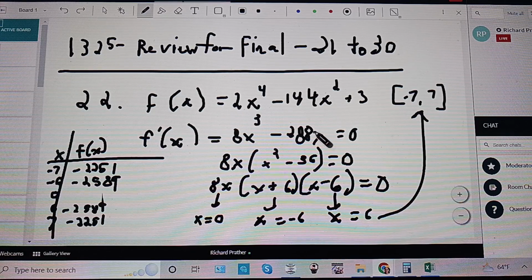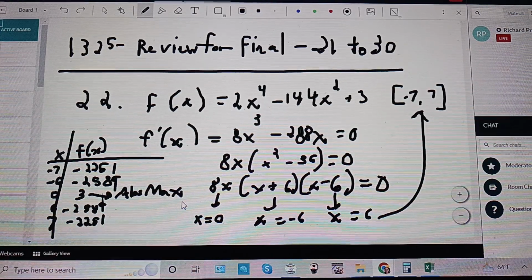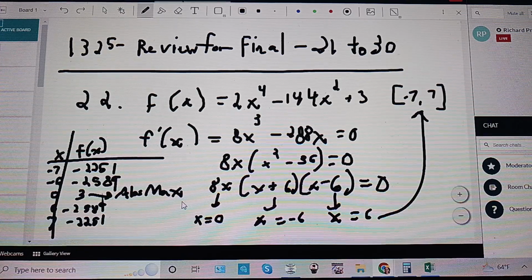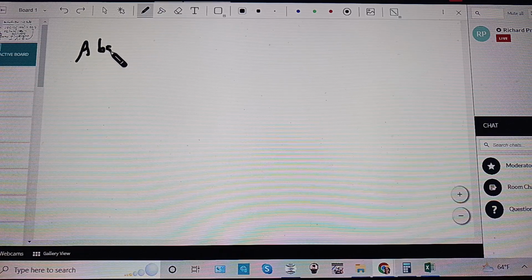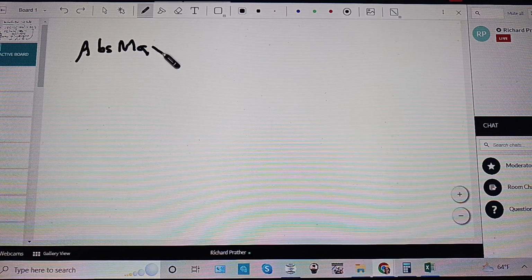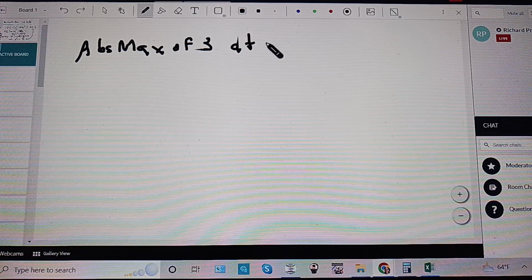And then, of course, plugging 0 in is easy because all the x's will disappear. The answer is just 3 if you plug 0 in. So there's the absolute maximum right there, 3. Typically the way this would be written is you would say there's an absolute maximum of 3 at x equals 0.